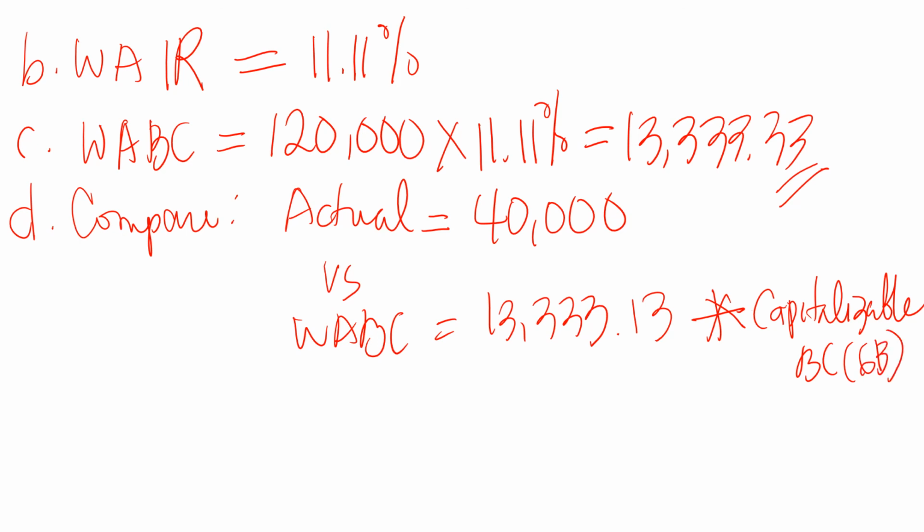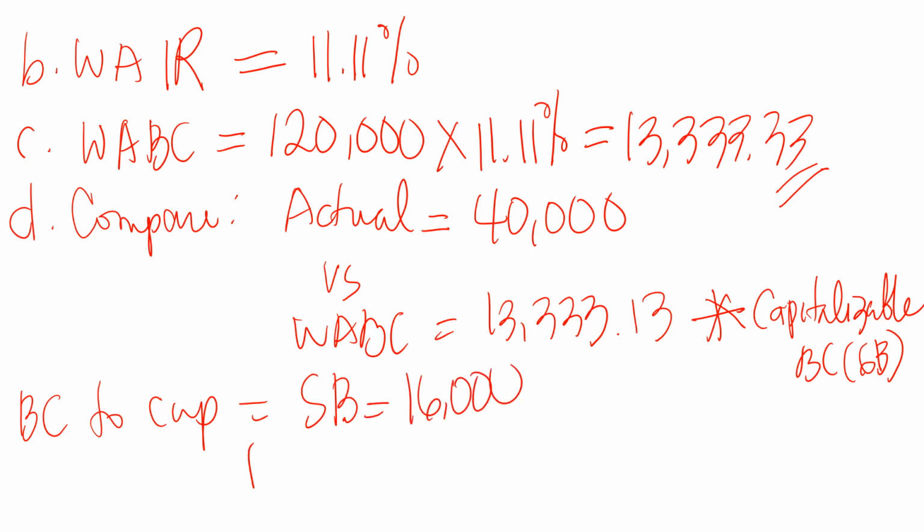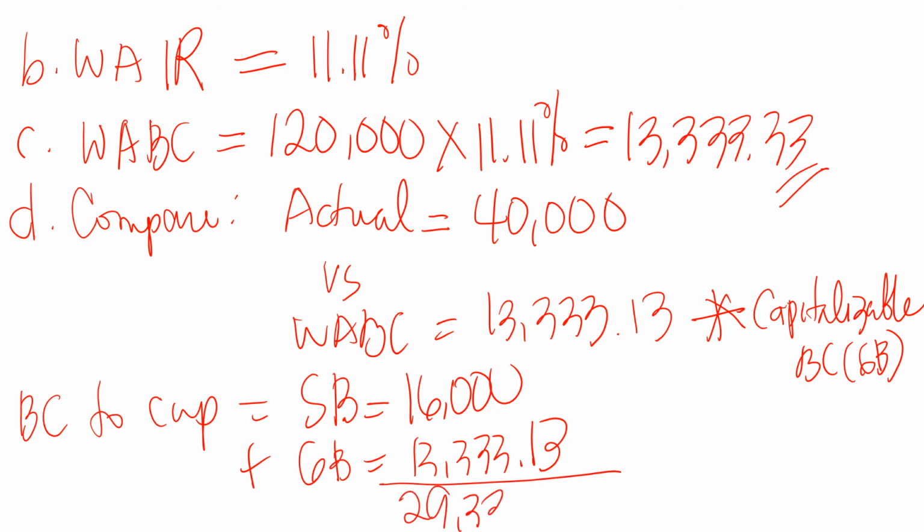Kasi dalawa eh. So, question, magkano yung borrowing cost to capitalize? Yung total. E di yung sa specific borrowings natin na 16,000 plus yung general borrowings natin na 13,333.33. So, lalabas, ang total nito is 29,333.33. Yan.